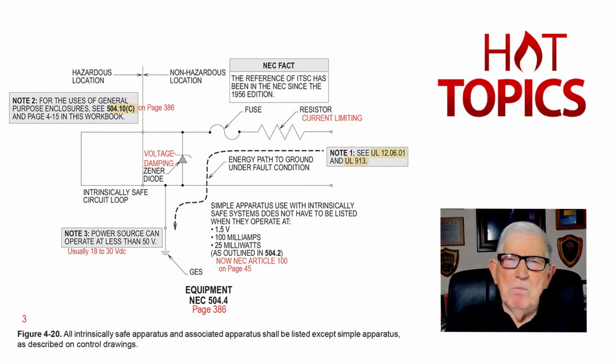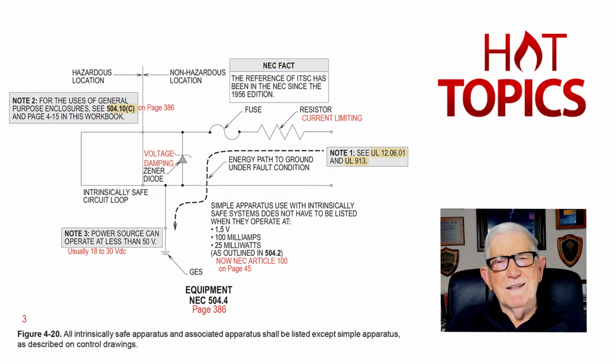Now notice a basic function and how the barrier provides this safe zone. Notice we have a Zener diode that's a voltage clamp. It clamps the voltage, lets it rise to the point it needs to rise to send the avalanche of current, that is current limited by the resistor, to blow the fuse and protect the barrier in most all cases.